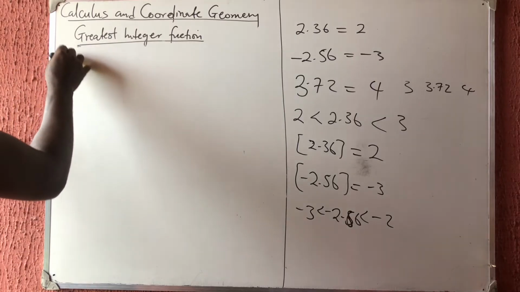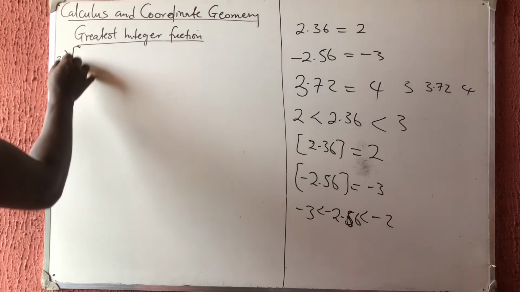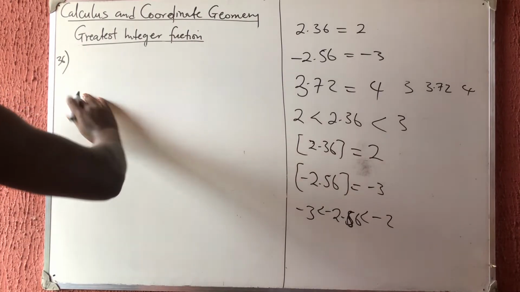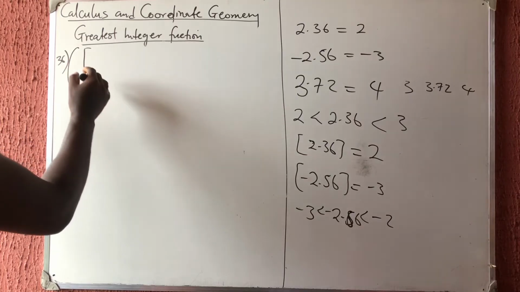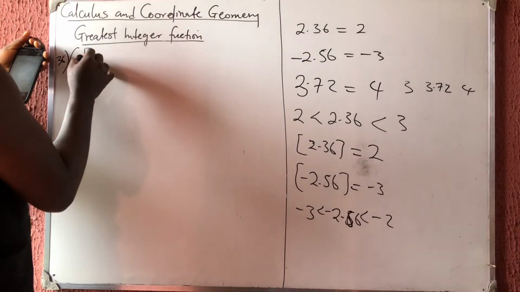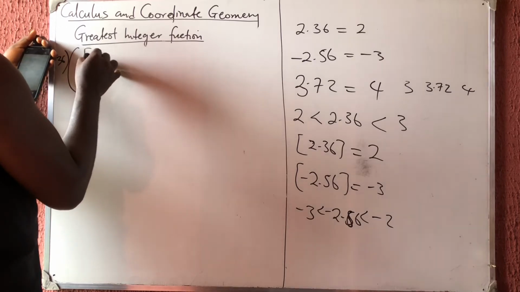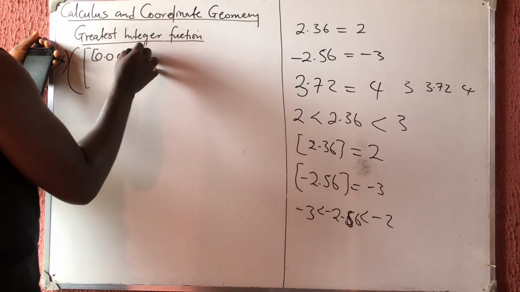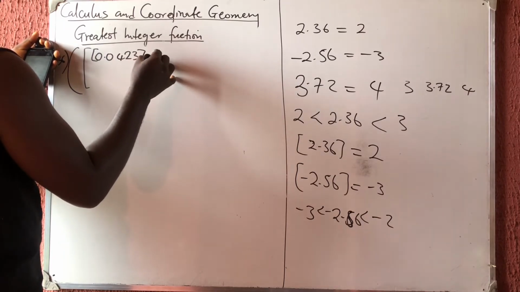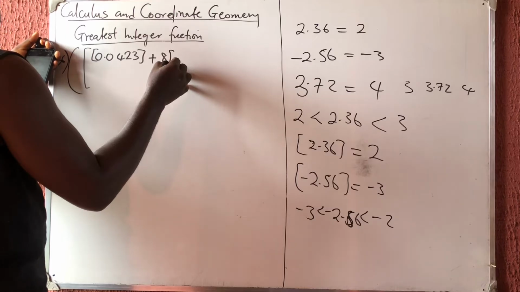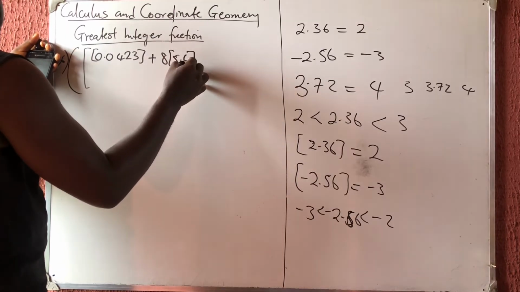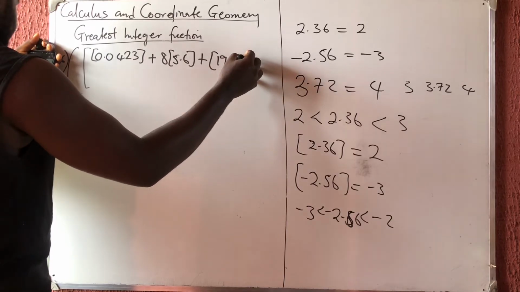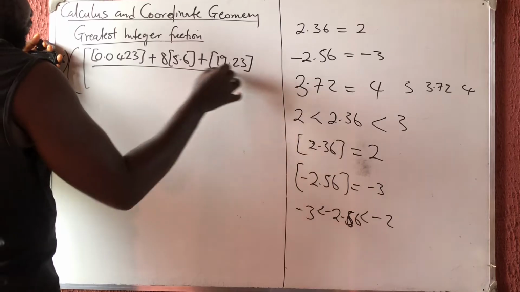Question number 36 said the greatest integer function of, okay, first of all they said brackets, then the greatest integer function of another greatest integer function of 0.0423, okay, then plus 8 in bracket of 5.6, okay, plus 19.23, close all over.